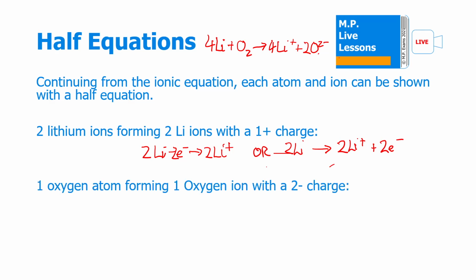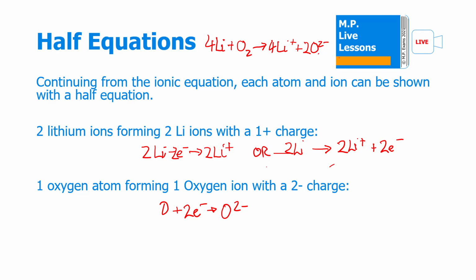Another example of this half equation would be the oxygen atom forming an oxygen ion with a 2 minus charge. So it started off as an oxygen atom. Then it became an oxygen ion with a 2 minus charge. So it had to gain electrons by doing this. So on the left we add 2 electrons.